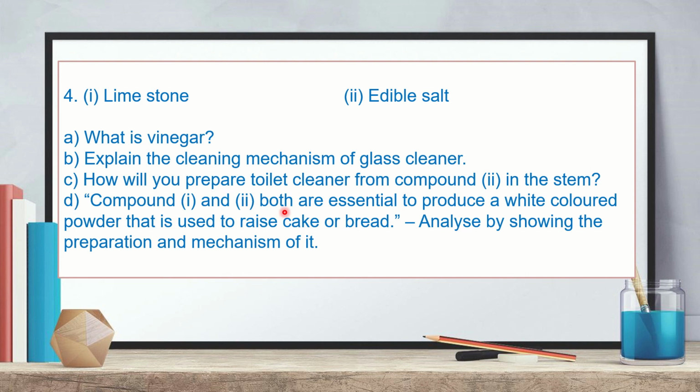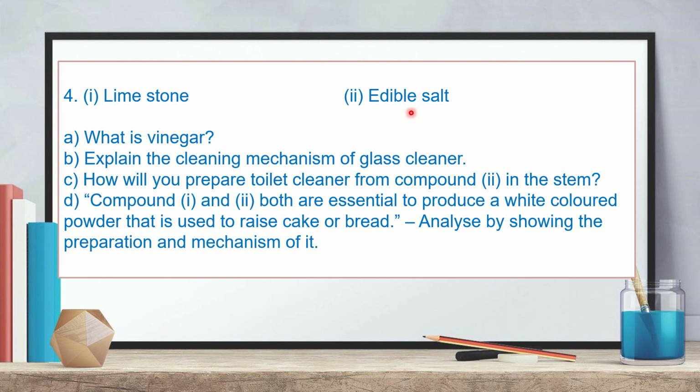Compounds 1 and 2 are both essential to produce a white colored powder that is used to raise cake or bread. Analyze by showing the preparation and mechanism of it. Compound 1, that is limestone, produces carbon dioxide by decomposition.